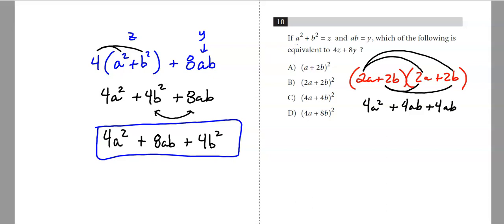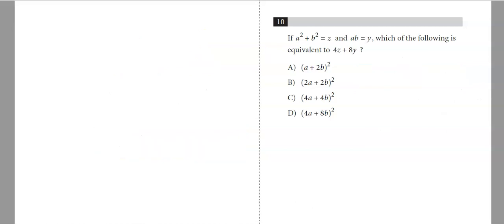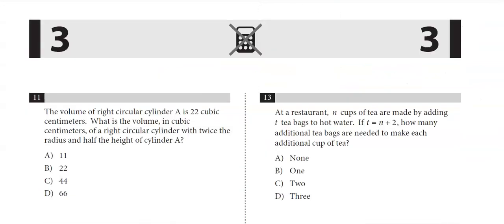And then the last terms, which is 4b squared. And then typically you can combine like terms. A lot of math is just doing a lot of problems and seeing patterns. That's how I kind of knew this ab was going to be in the middle. But just a little quick review there on expansion, or multiplying two binomials, which is the fancy term for it. All right, moving on to number 11.